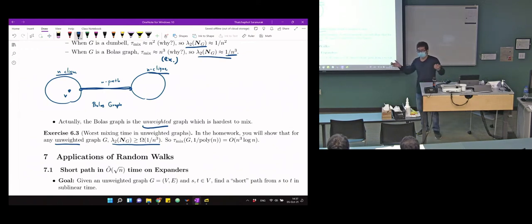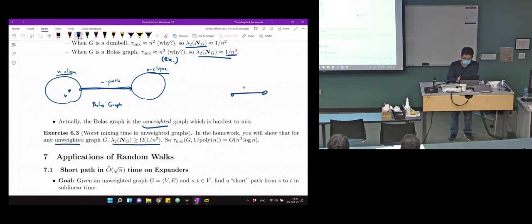In a weighted graph, it can be very, very small, because the graph can be like this one where this edge is infinite and this one is epsilon. So you're just going to walk between these and you don't ever go to the other side.